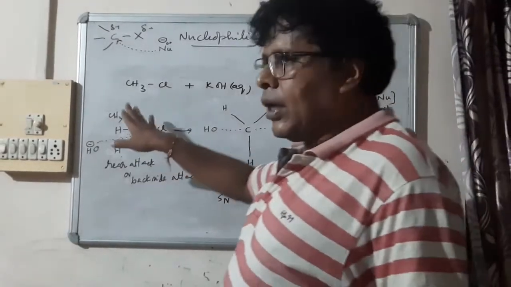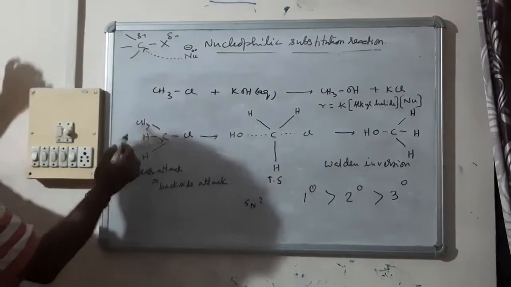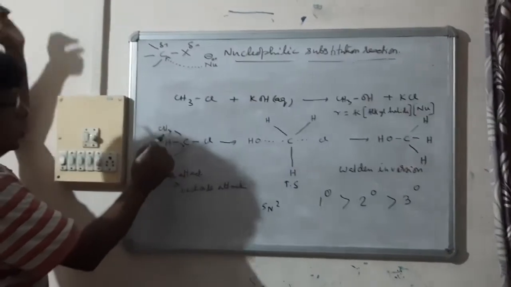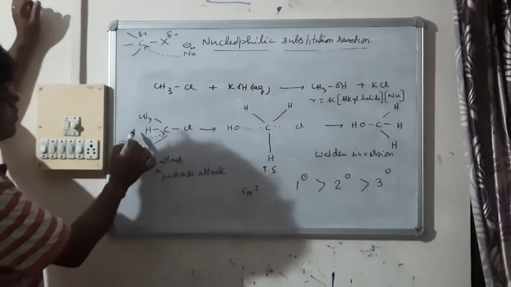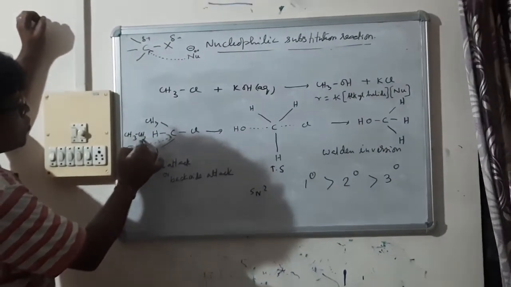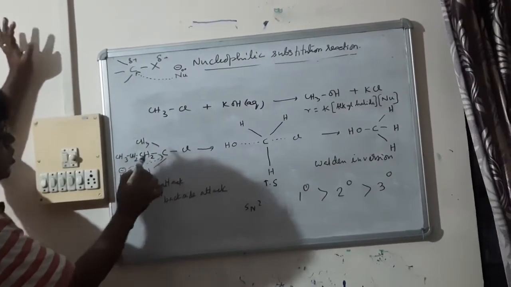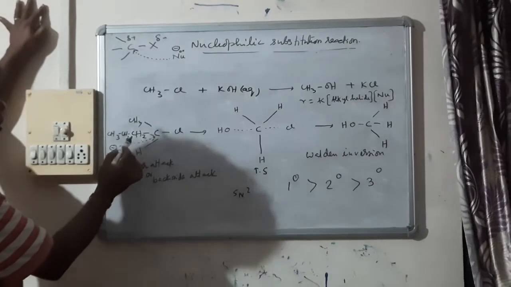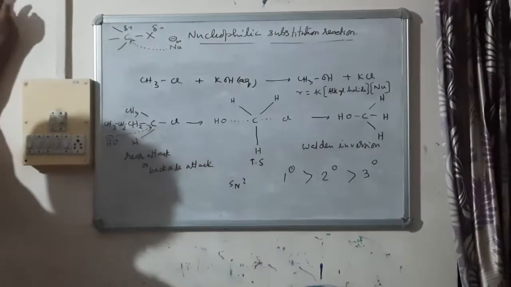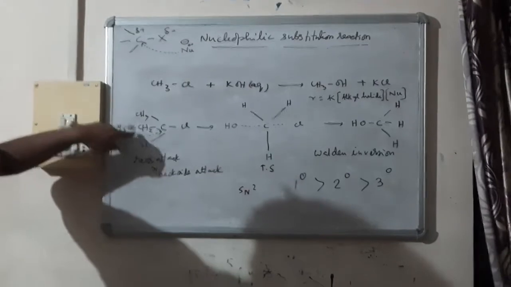Suppose we start with an optically active compound, say this compound with CH3, CH2, and a halogen.